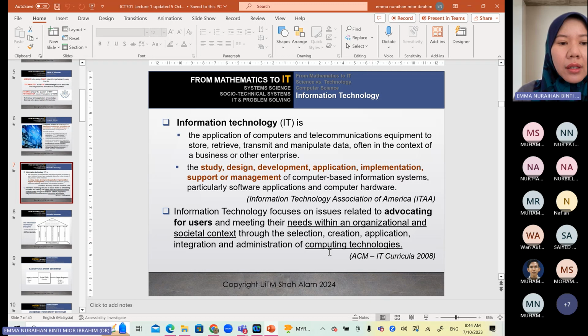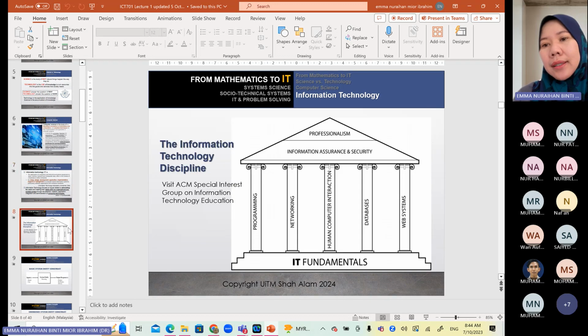Okay, and looking at these pillars, usually the university is going to refer to ACM. ACM stands for Association of Computing Machinery Society. So this is the standard that the IT, information technology, syllabus, or perhaps the focus, stems from.